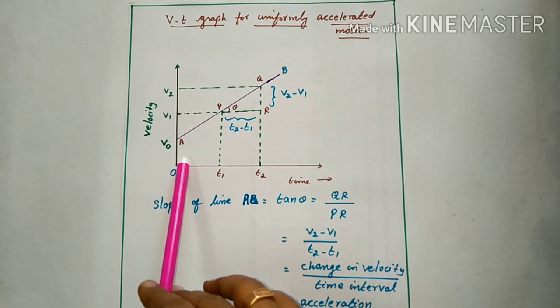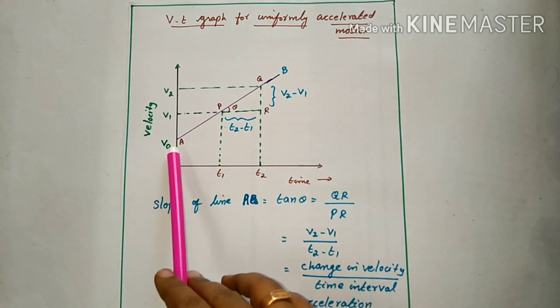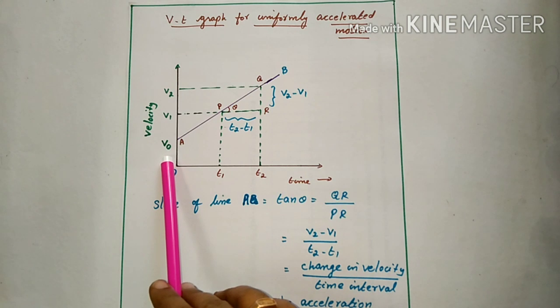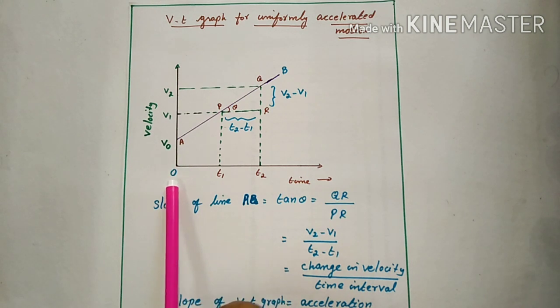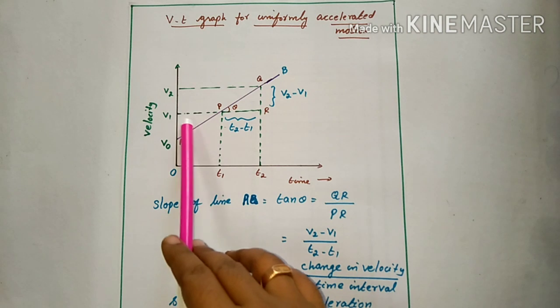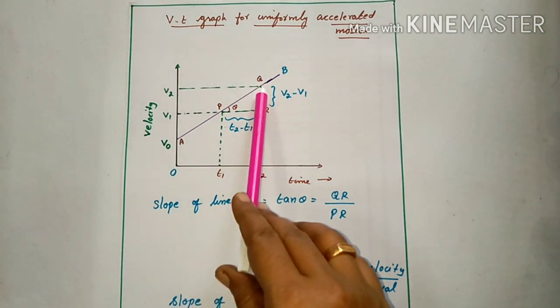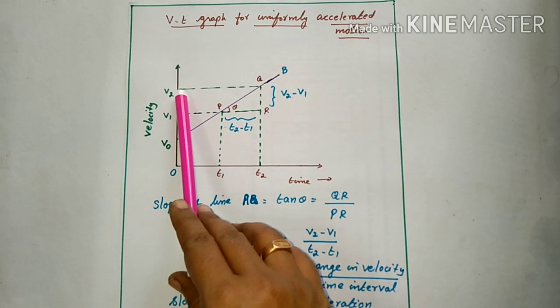The given graph shows a v-t graph, and here a body moves with the initial velocity v0 at time t equal to 0. The time is not actually 0, but we can assume that time t equal to 0. Then after a time t1 seconds, its velocity becomes v1, and at t2 seconds, its velocity becomes v2.